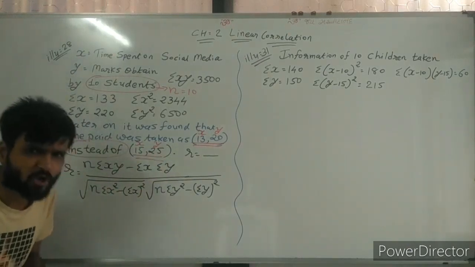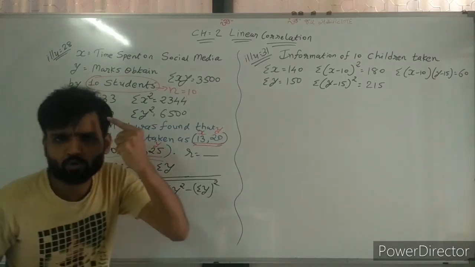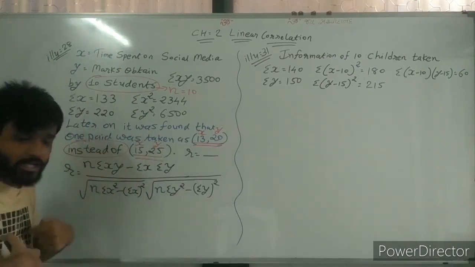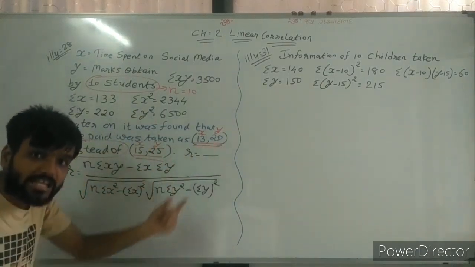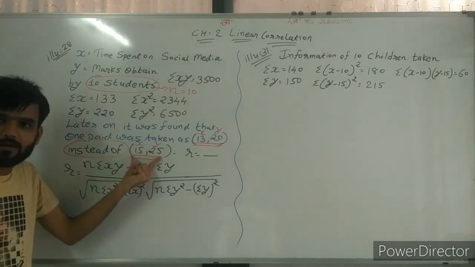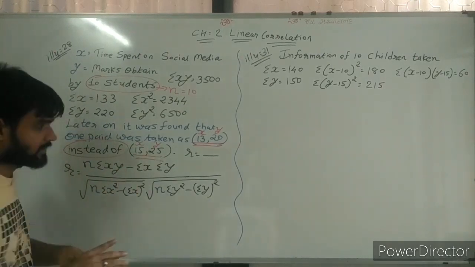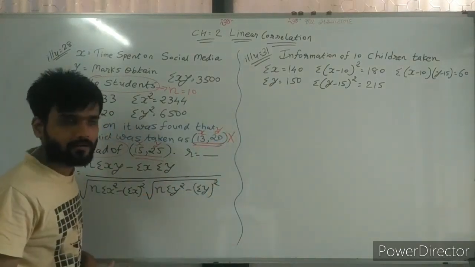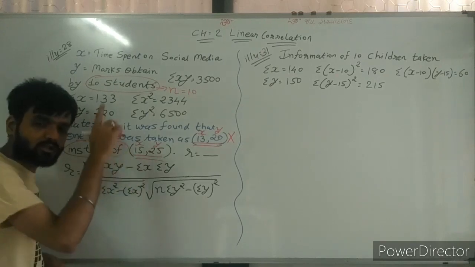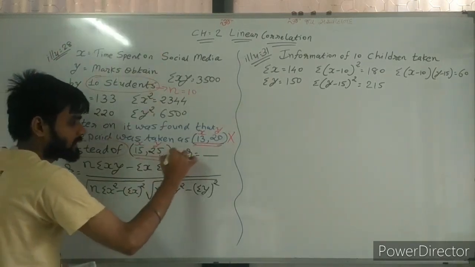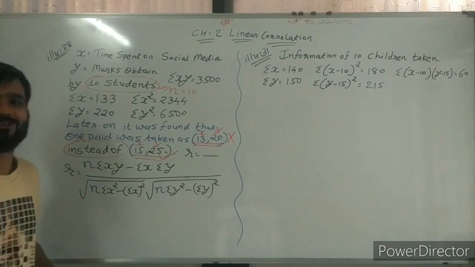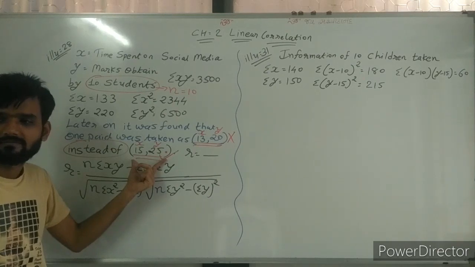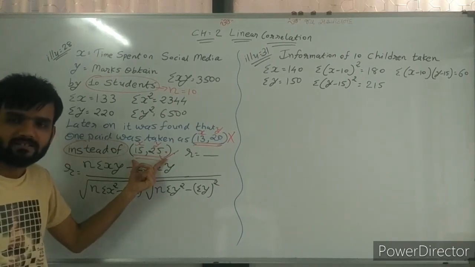It means by reading this we have to understand which is the right and which is the wrong. We have taken 13, 20 instead of 15, 25. This is the wrong pair, and this is not taken, which actually we need to take. So it's the correct pair. Wrong pair, correct pair.